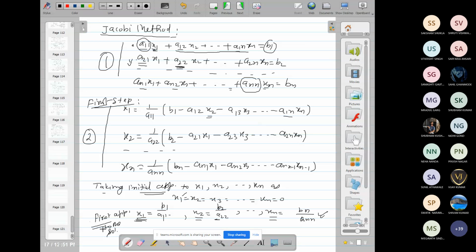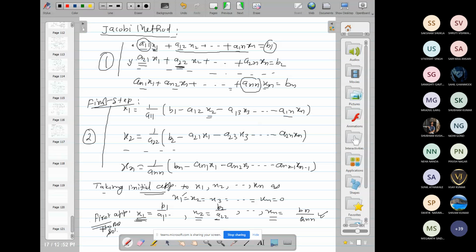In similar way, last equation substituting the value of x1 x2 xn minus 1 0, then we obtain xn. So these value of x1 x2 xn are first approximation to the solution of system of equation 1.